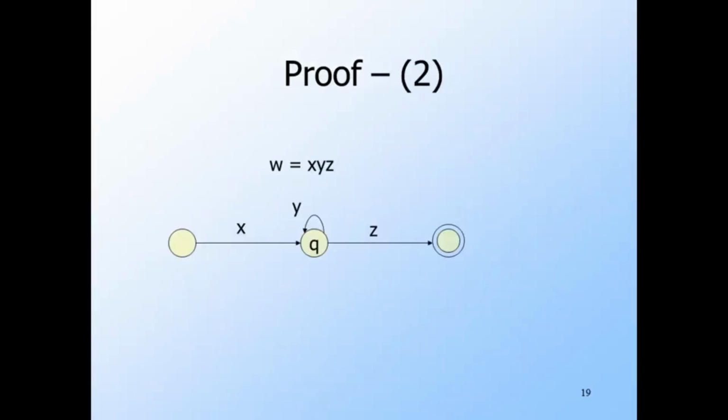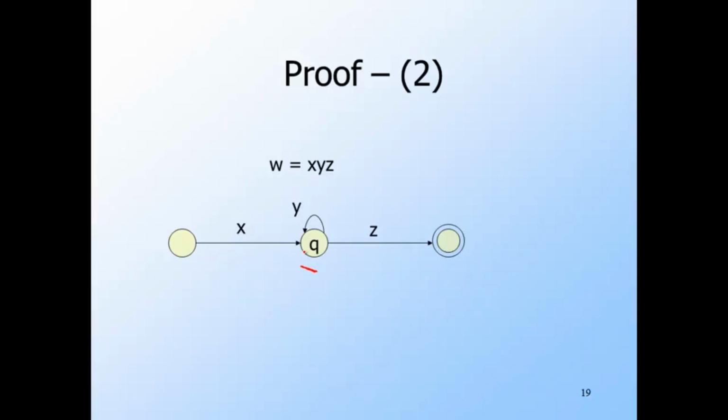Here's a picture of the path for string W, which we're breaking up as x, y, z. X is the prefix of W that gets the DFA to the first state that repeats on the path, which we call state Q. It's right here, of course. Then Y is the part of W that gets the DFA back to Q for the first time.